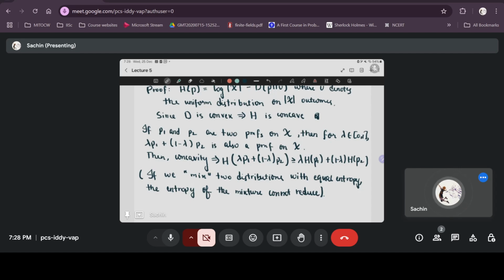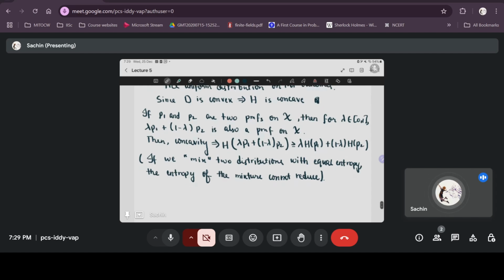So the probability that the outcome of the roll of a die is 1 is lambda, the probability that you get a heads, times the probability that you get a 1 when you roll the die associated with heads, which is P1, plus the probability that you get a tail, which is 1 minus lambda, times the probability that you get a 1 when you roll the die associated with the tail, which is P2.